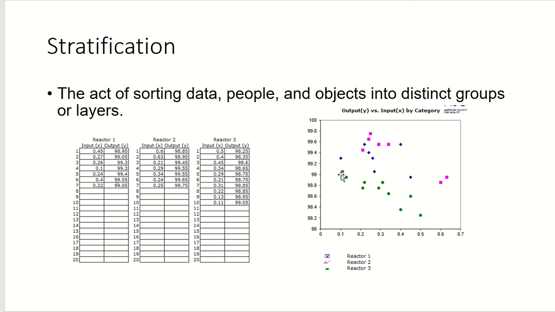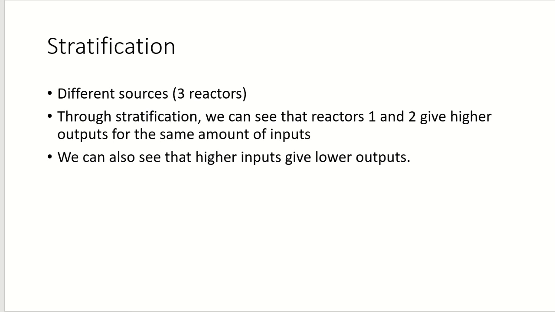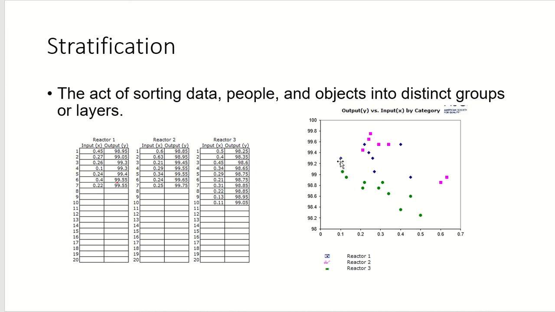So 0.1 input, above 99 ang output, yet 0.5 input, only about 98.2 ang output. The same is true for reactor 2 and 3. So the higher the input, the lower the output. From here, makikita natin na para rin itong scatter diagram matatawag.